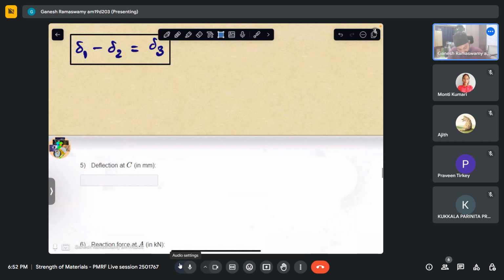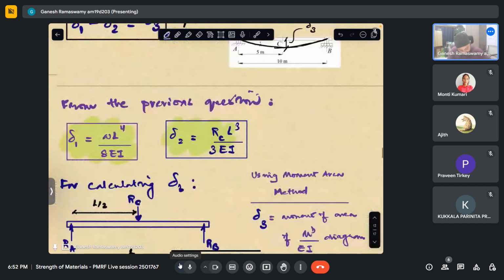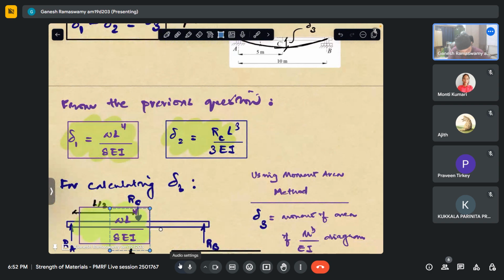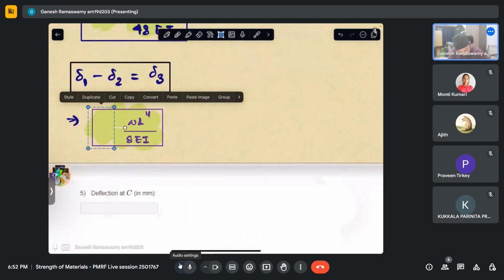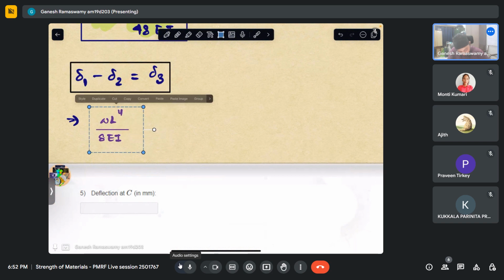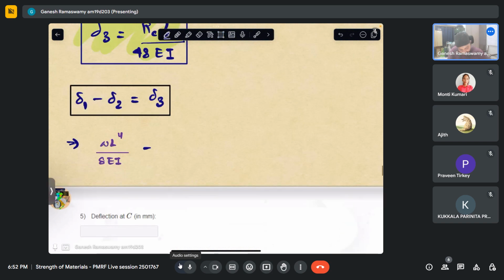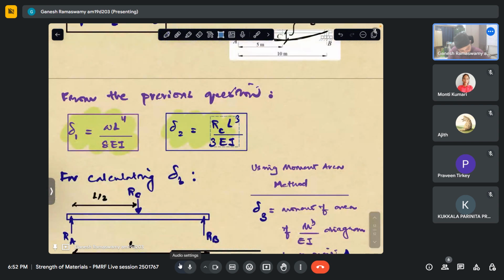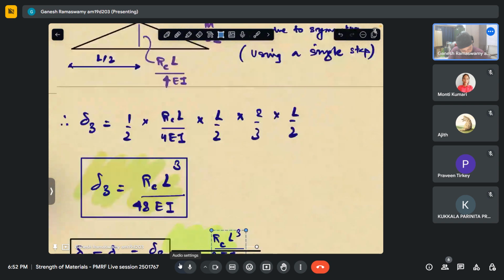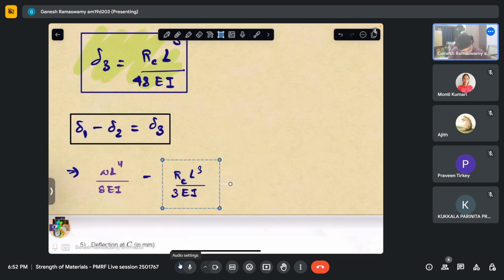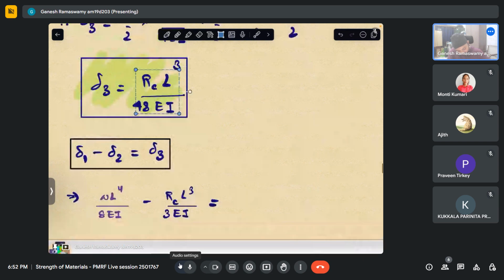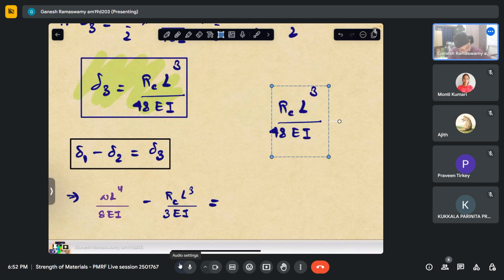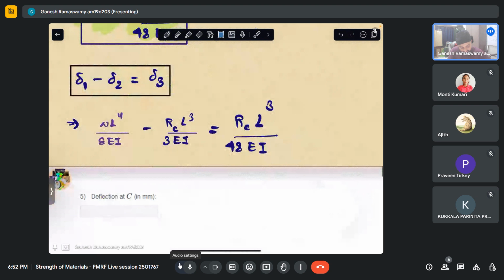So from here we get this quantity, delta 1 minus delta 2 is not equal to 0, but is some non-zero quantity, and that non-zero quantity is this much, which is RCL cube by 48 EI.